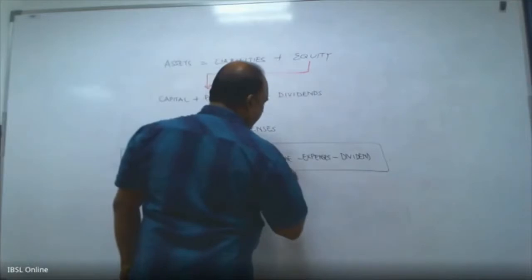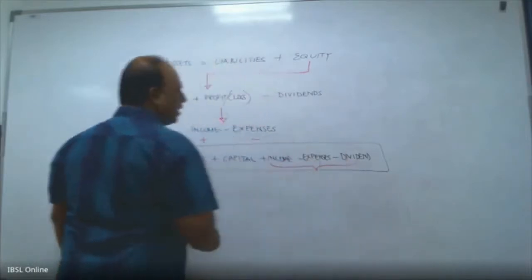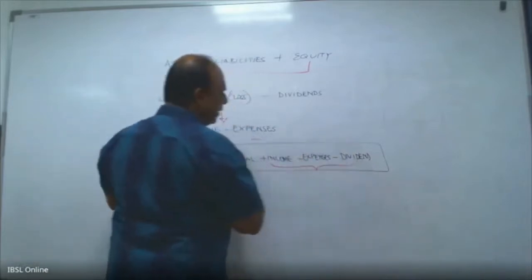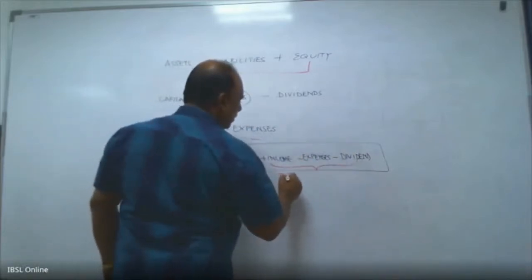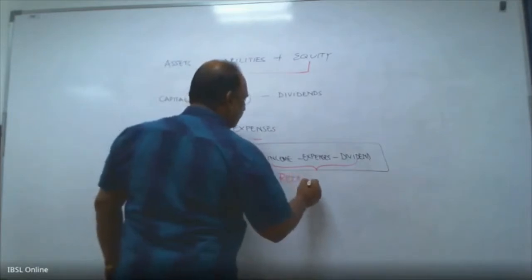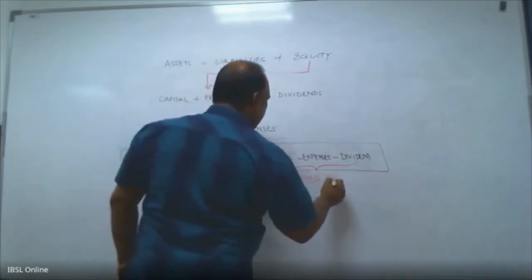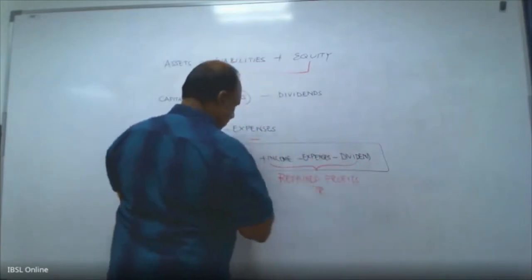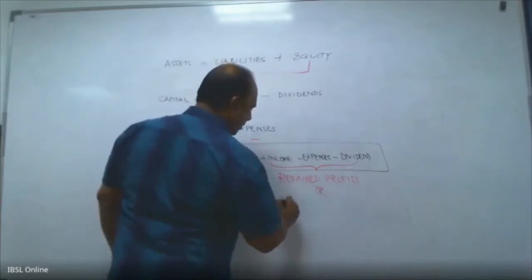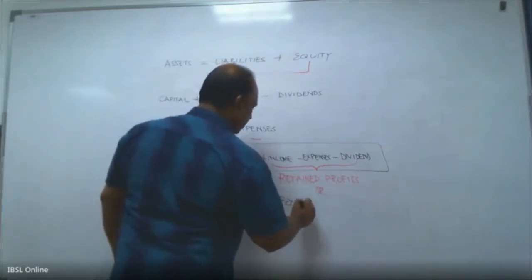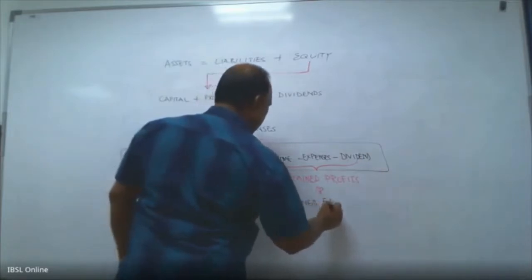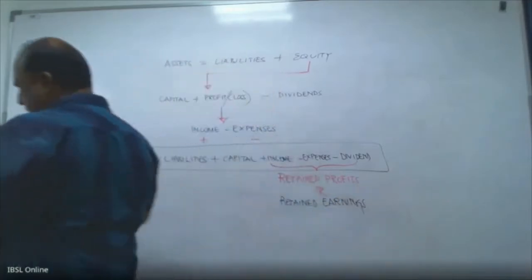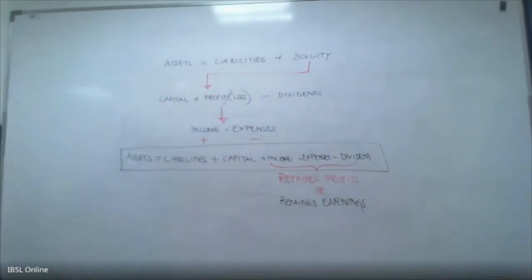Once you pay that, the result of all three, income minus expense minus dividend, is known as your retained profits or retained earnings. Okay, these two terms are very important.